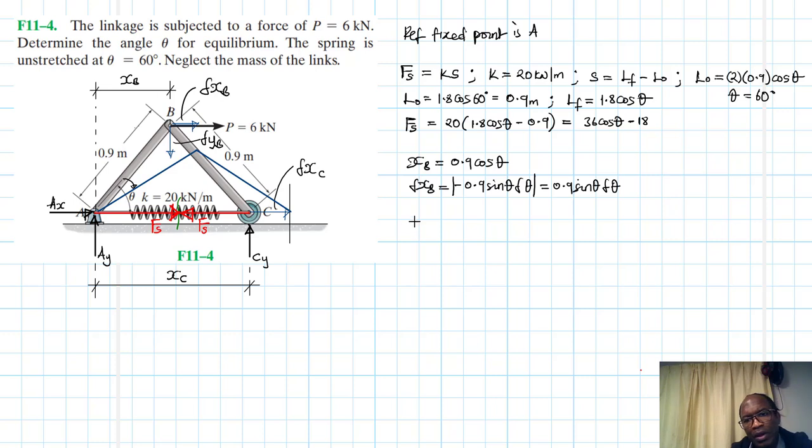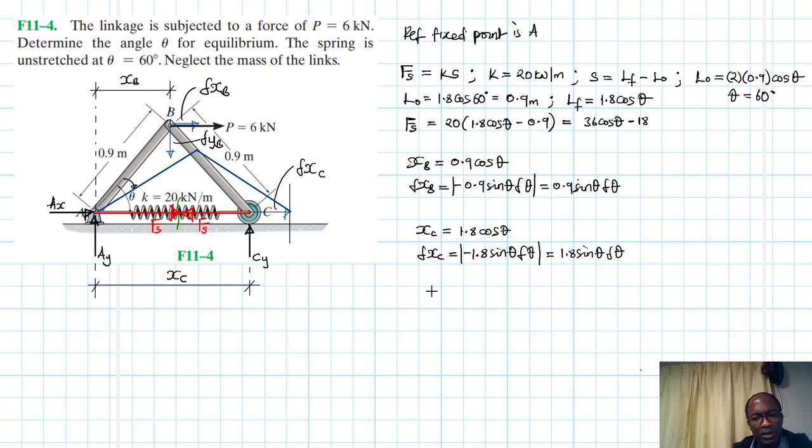Then xc is equal to 1.8 cos theta. Therefore del xc is equal to minus 1.8 sine theta del theta, and taking the modulus so that we have the absolute value, this gives us 1.8 sine theta del theta.